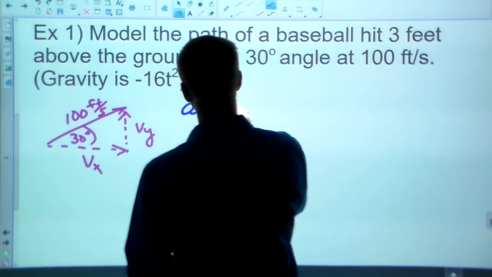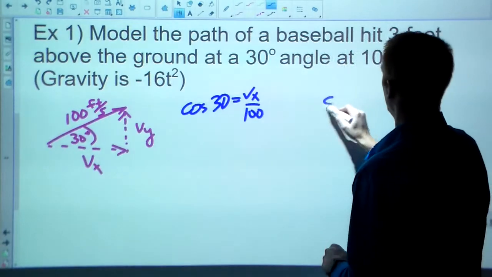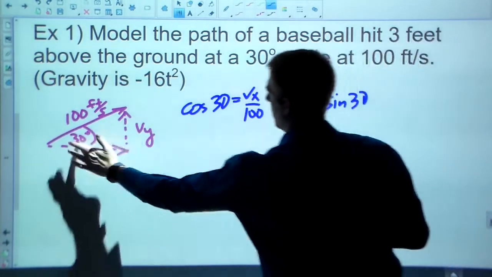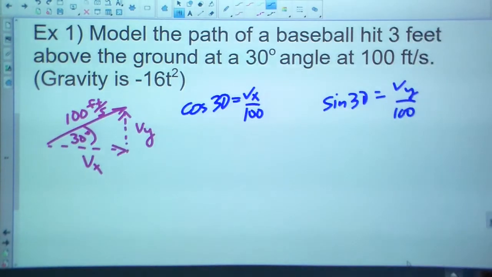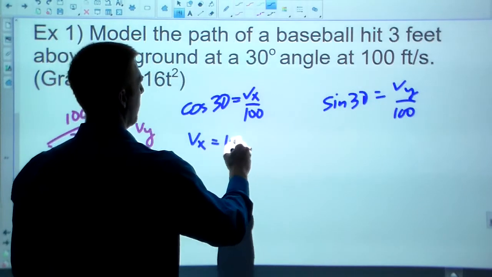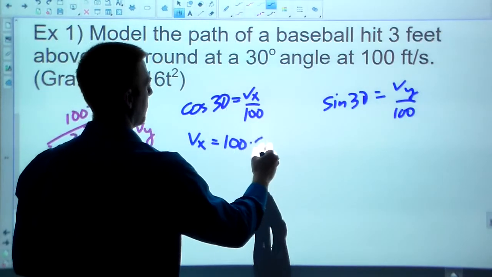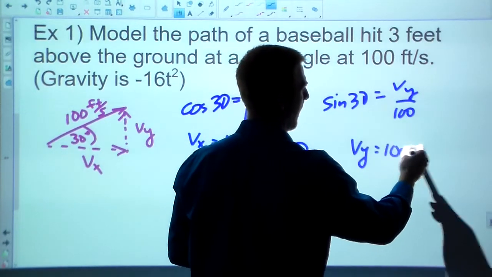I'm not going to worry about units right now. I just want to get the numbers at this point. Sine of 30 would be the opposite over 100, so Vy over 100. Now let's go ahead and solve these things. Vx would be 100 times cosine 30. Vy would be 100 times sine 30.